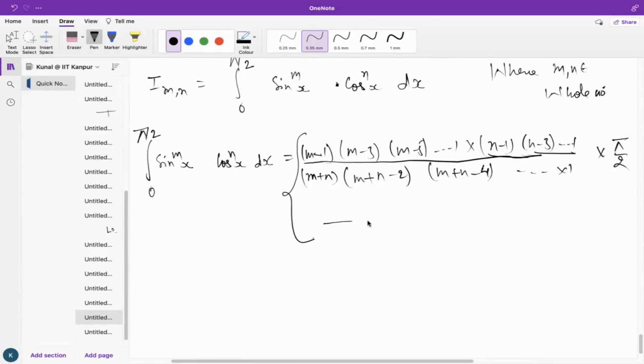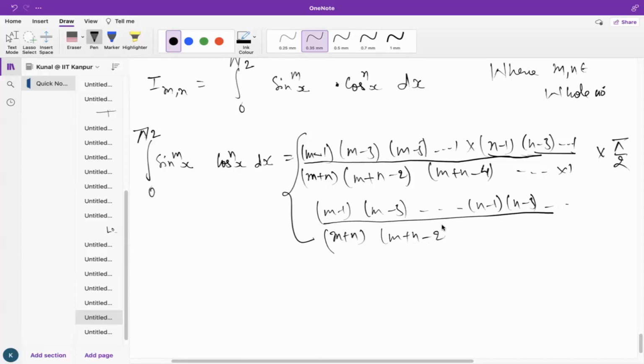Now the second thing we have to write is the same thing: m minus 1, m minus 3, n minus 1, n minus 3, over m plus n, m plus n minus 2, m plus n minus 4, into 1.